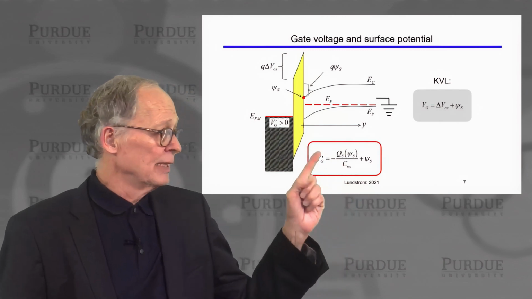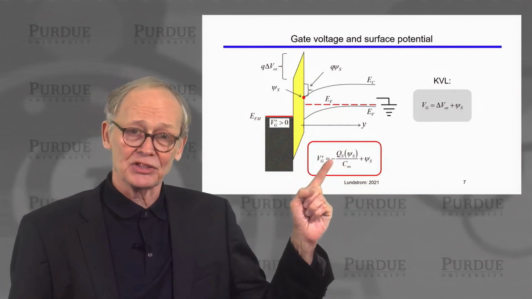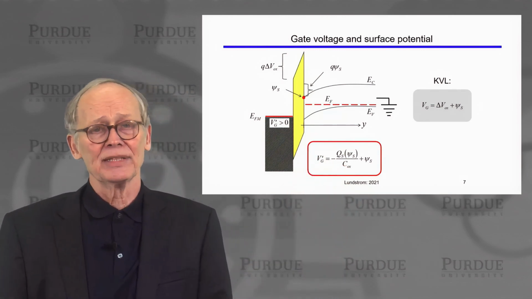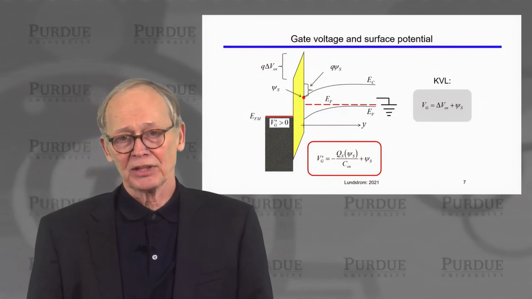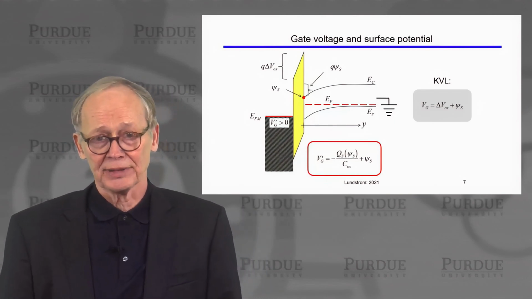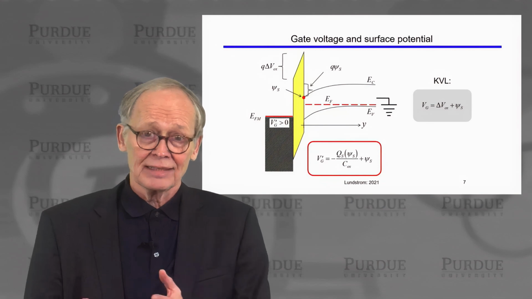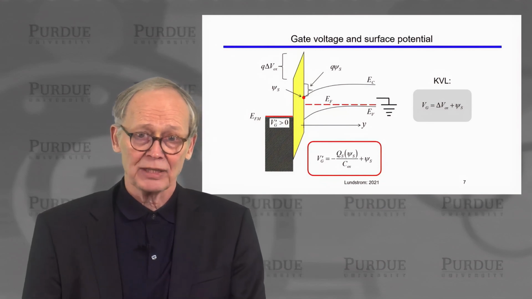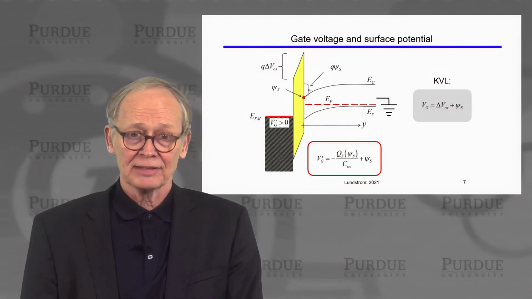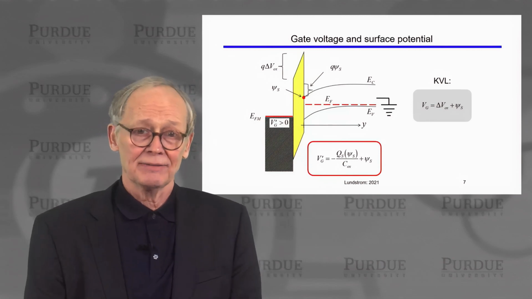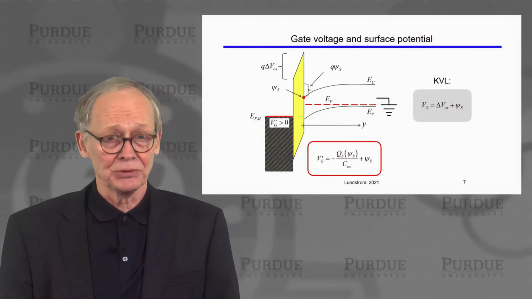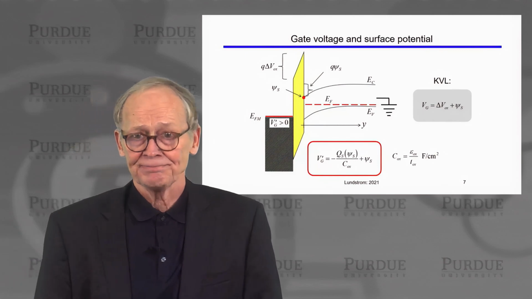and surface potential. Of course, we need to compute the charge in the semiconductor, so we need to know how the charge in the semiconductor varies with surface potential. Then, given a surface potential, we can compute the charge in the semiconductor, and then we can figure out the gate voltage that produced that surface potential.